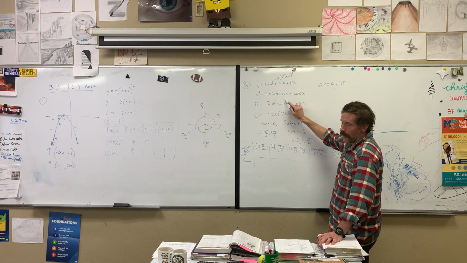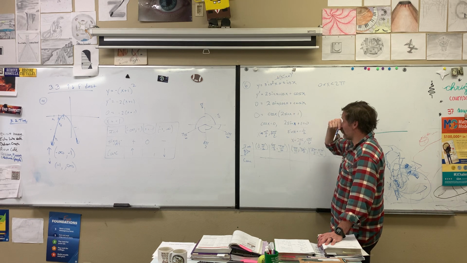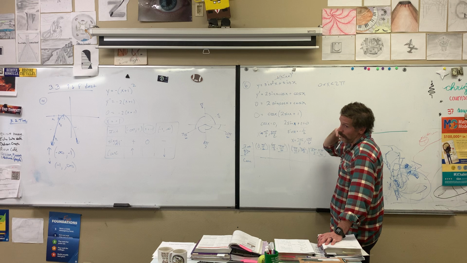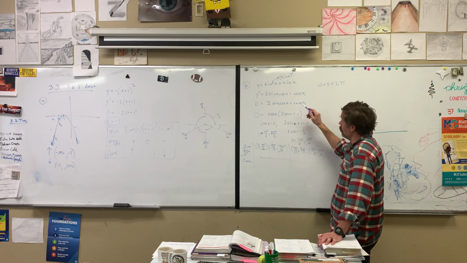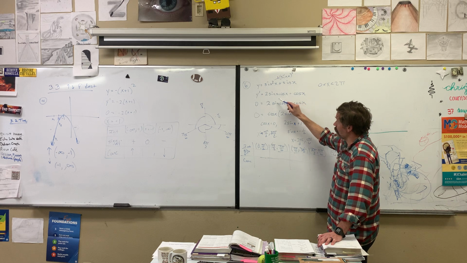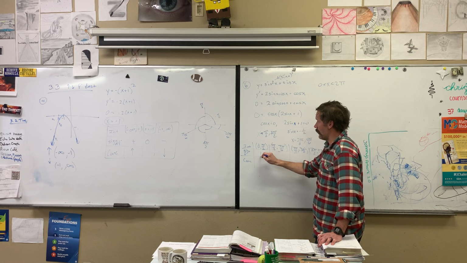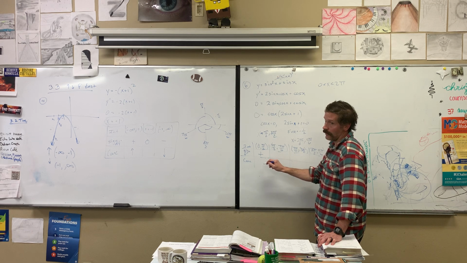It's root 2 over 2, but we're not too worried at this stage what the value is. And then cosine x is going to be positive, right? So positive, positive, positive, therefore that's going to be positive. Therefore the conclusion is that our graph is increasing or decreasing?